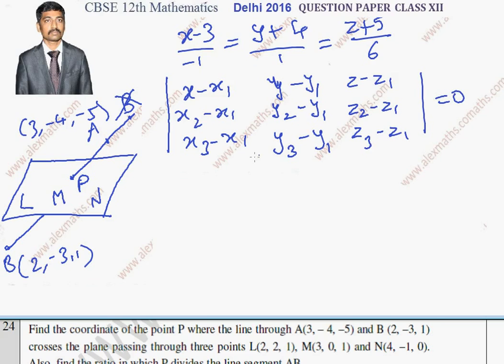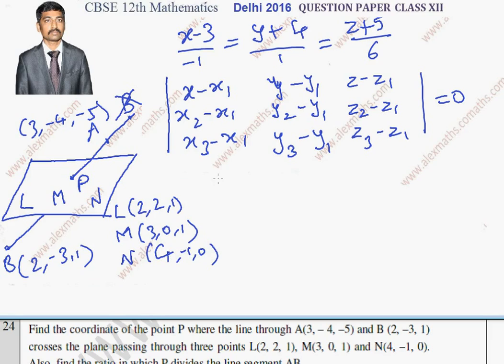Now point L is given as 2, 2, 1. M is 3, 0, 1. N is 4, minus 1, 0.